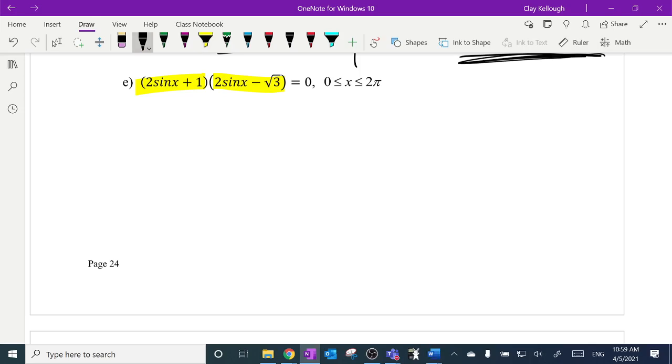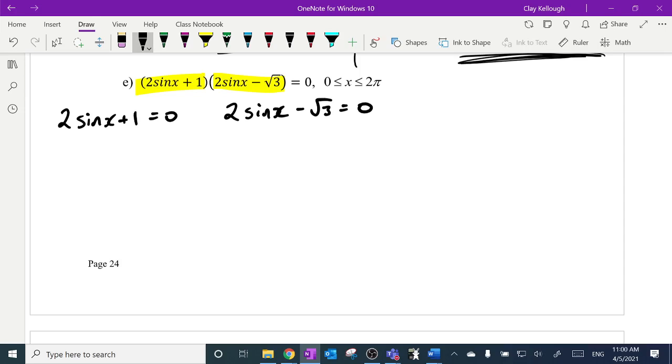So either 2 sine x plus 1 makes 0, or 2 sine x minus root 3 makes 0. And I'm going to solve for both these cases. So this one, the sine of x would equal negative 1/2 when I solve it. And for this one, the sine of x would equal root 3 over 2 for the second one.